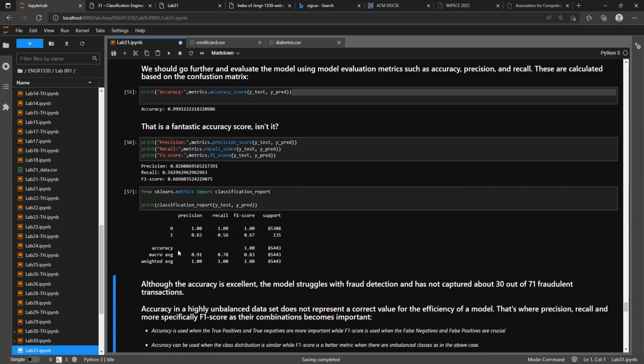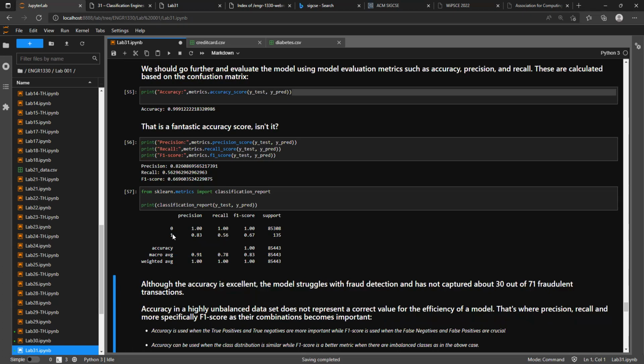Here's the specific details. We're 100% precise on testing for negative, which makes sense. We're trying to test for fraud, so it's better to miss.